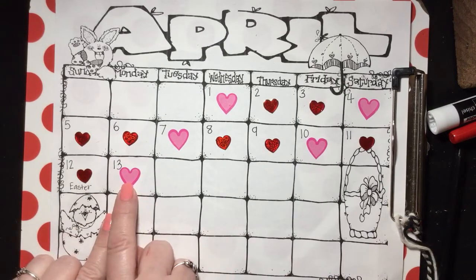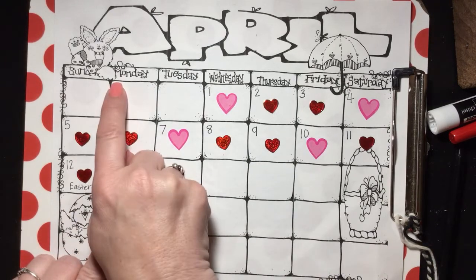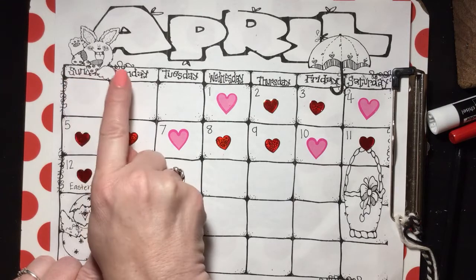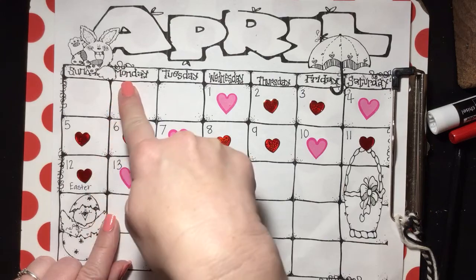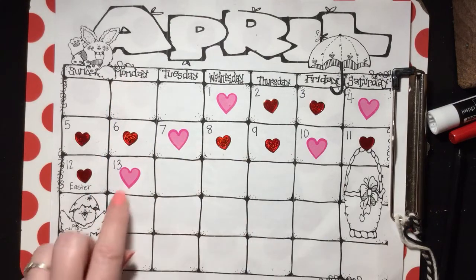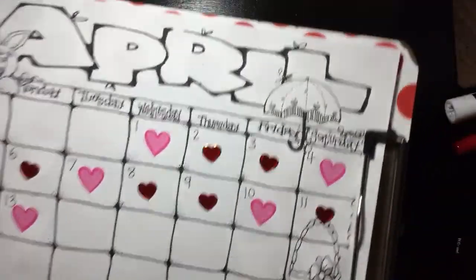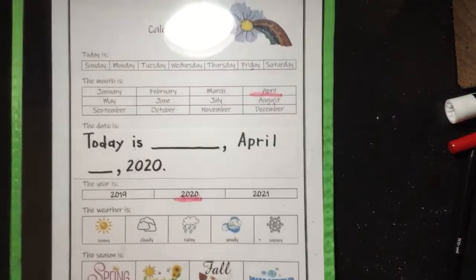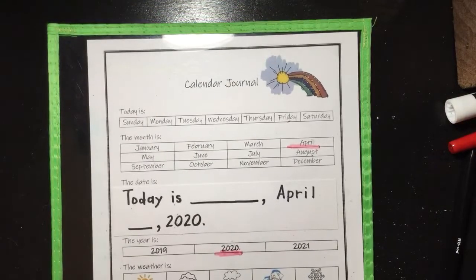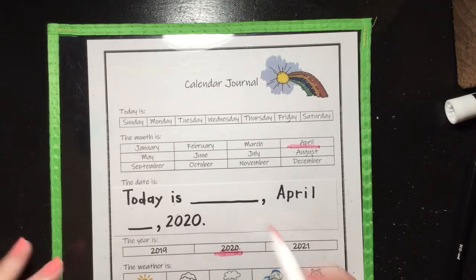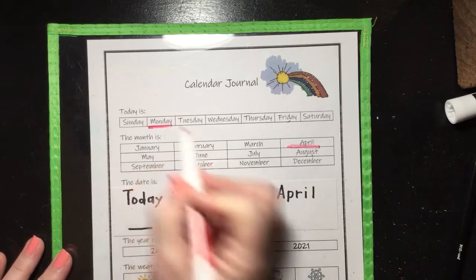Let's follow this up and see. What day of the week is it? It starts with a M. Sunday, Monday. I hope you said Monday. Okay. Let's go to our next. Let's look at our calendar journal. Here we go. So today is Monday.